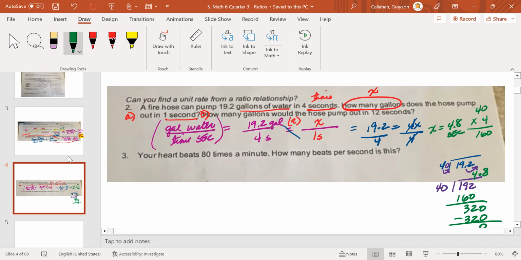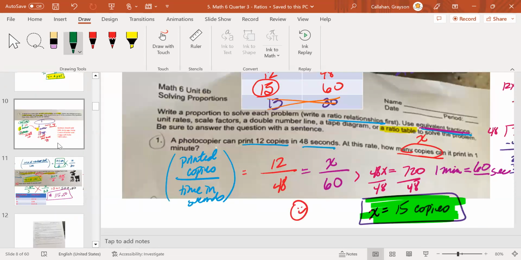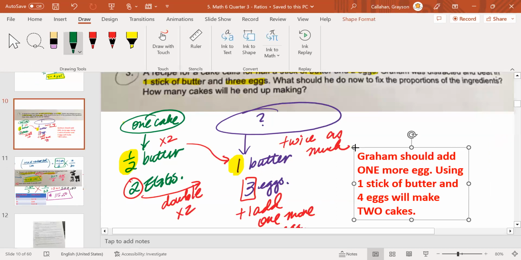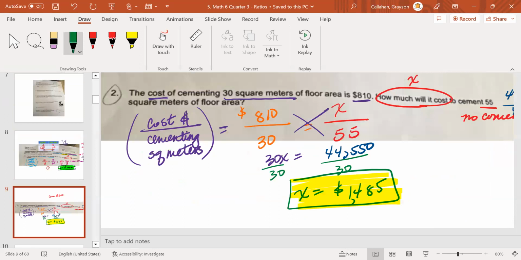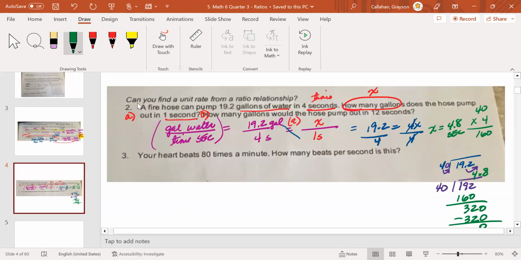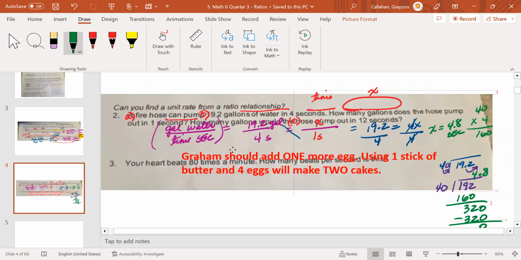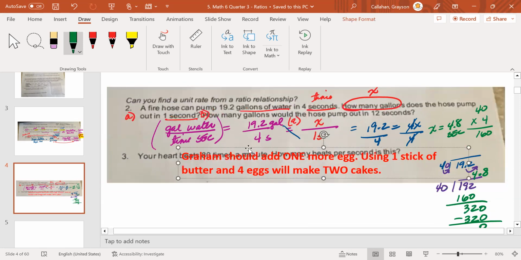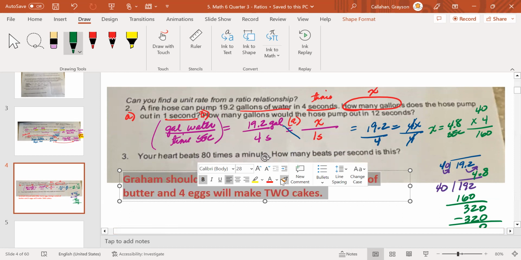So if you were to go ahead and respond to this question, I like to do it with writing. So I would go back to this. And I would say, the question asks you, how many gallons does a hose pump?